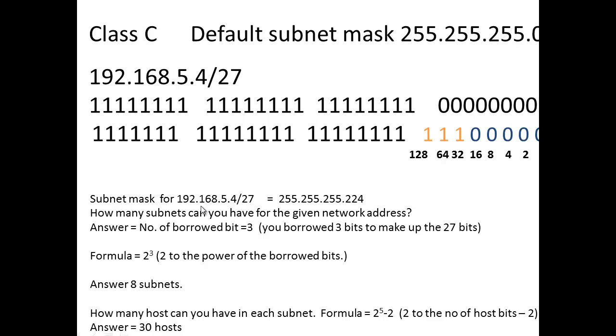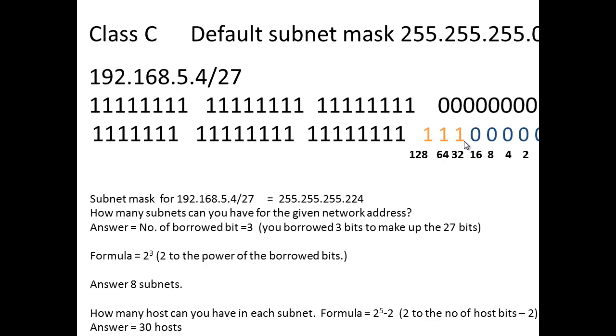And we know that a Class C address is 24. So you have 8, 8, 8. 3 eights are 24. But you need 27 bits. So you have to borrow 3 from the host part of the network.